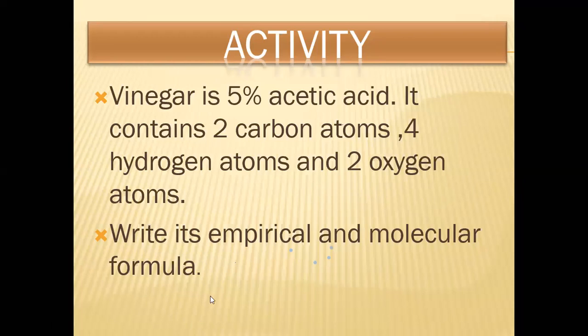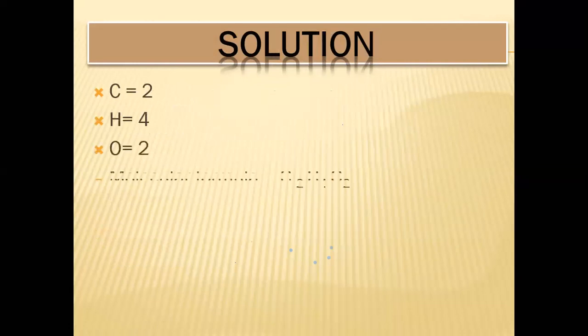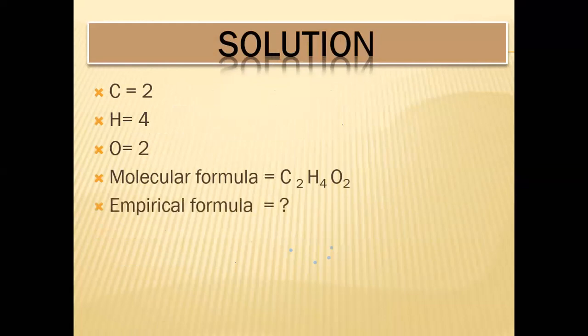It will be CH2O. Okay. The molecular formula is C2H4O2 and its empirical formula is CH2O. Why? Because they can all be divided by the number 2. So after simplification, we get the formula CH2O.